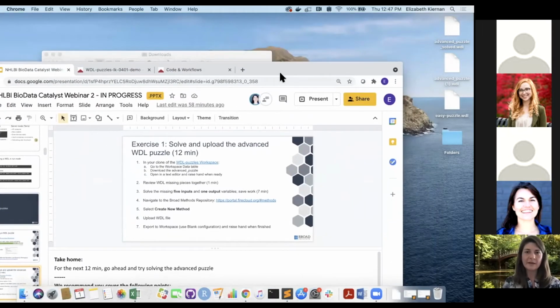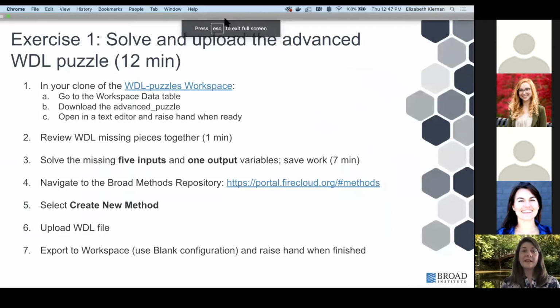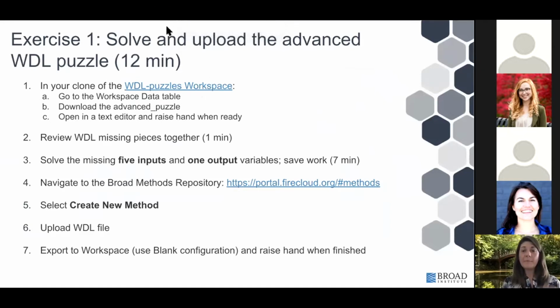Please raise your hand once you've uploaded your workflow and exported it to your clone of the workspace, and then we'll move on to the next section. We'll do about 2 minutes here for the uploading, but raise your hand when you've imported your workflow into your workspace, and then we'll move on.